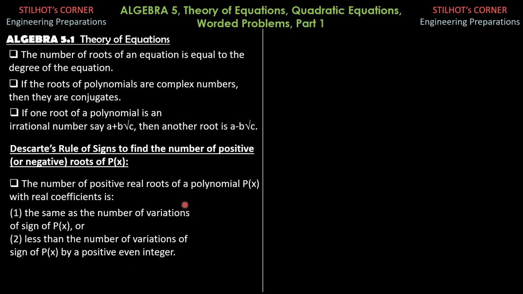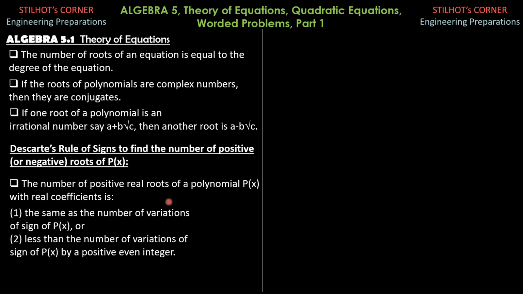If the number of variations in sign of p of x is 4, then there will be expected 4 positive real roots, or 2, or none at all, because all the 4 roots may be complex conjugates, 2 pairs of complex conjugates, or the other 2 may be negative.